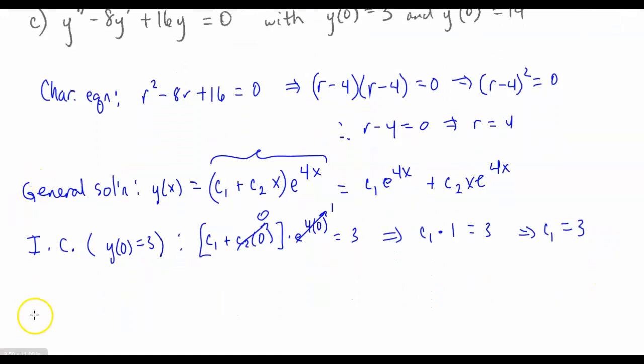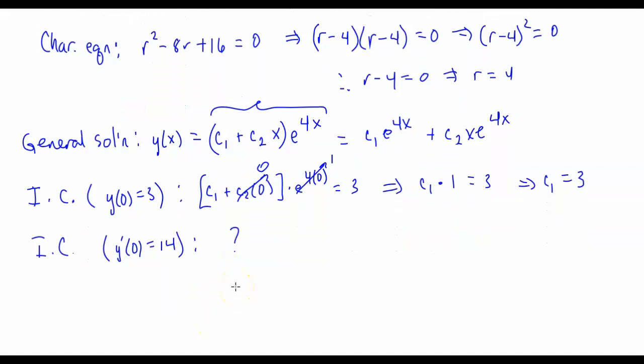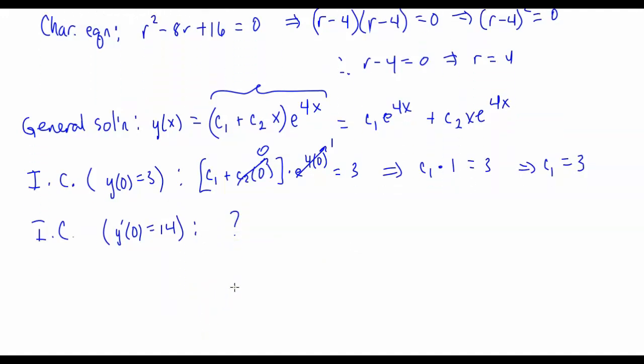Now, for the second initial condition, and that was y prime of 0 is equal to 14, the first thing I have to do is find out what the first derivative of my function y of x is. So I'm going to go ahead and do that now. So I'm going to use this first version of y of x here.